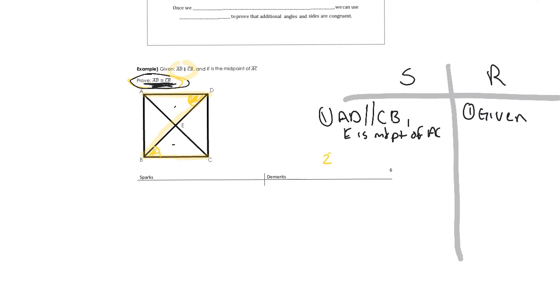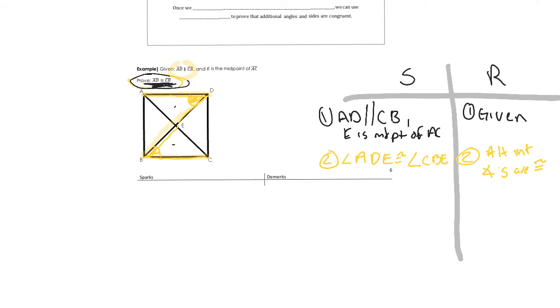So step 2. Angle ADE is congruent to angle CBE. And I know that because I had parallel lines and I know alternate interior angles are congruent. Okay, there's 1. Remember, I need 3.